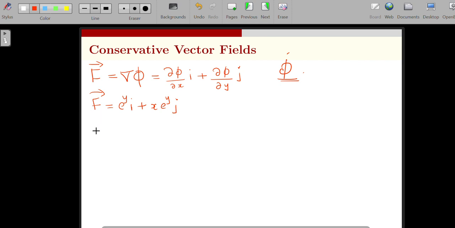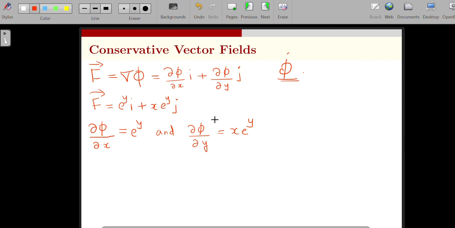So how will we deal with this particular problem? Since the left hand side of these two equations is the vector field F, we can equate these two equations by equating the components. Here ∂phi/∂x is equal to e^y, and ∂phi/∂y is equal to x e^y. We have done these kinds of problems earlier.